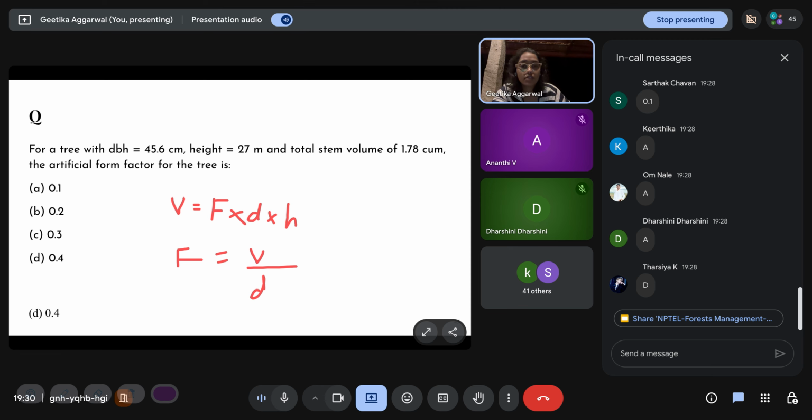It's basically, it should be pi d square by 4. This should be basal area, not D. So that's basically where everybody is getting it wrong, right? If you guys calculated by using basal area, can you do it once more? Don't use DBH directly. It's form factor into basal area into height, and basal area is pi d square by 4. So that's probably where you guys are getting it wrong.